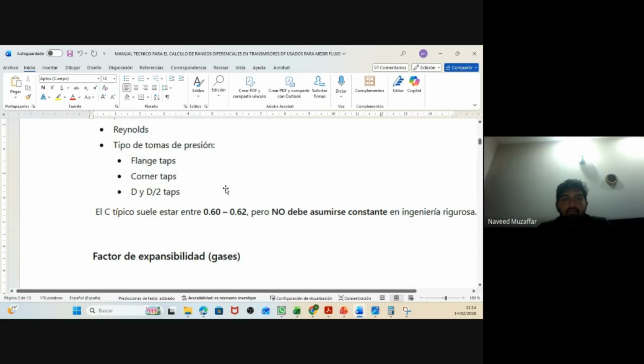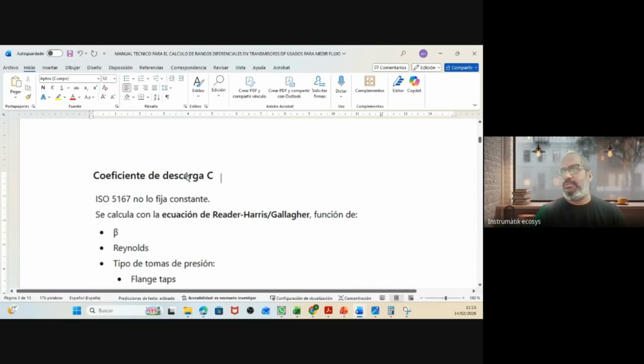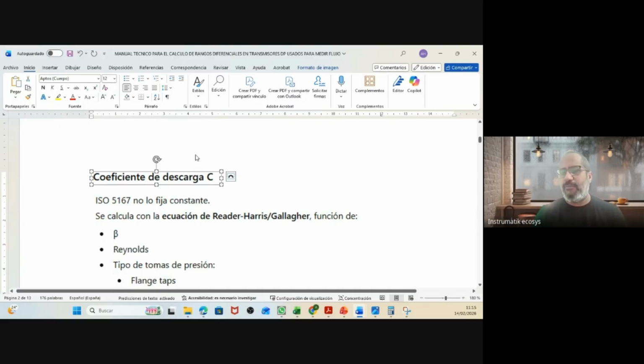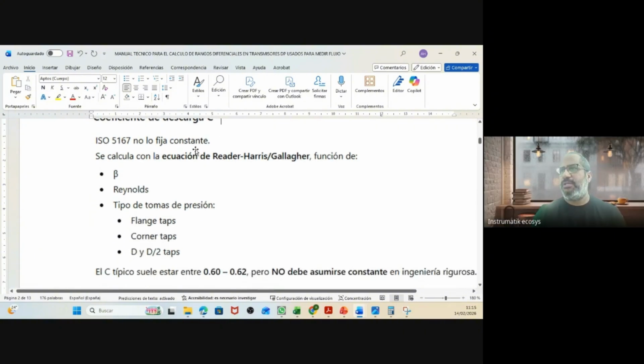This is just a theoretical overview, no problem. Ahead, we're going to see a little bit of action, step by step, how to do it. But first you need a minimum understanding of what every parameter is. This is the discharge coefficient.